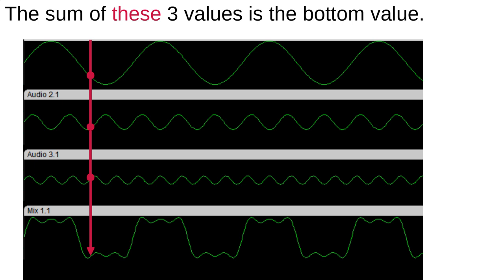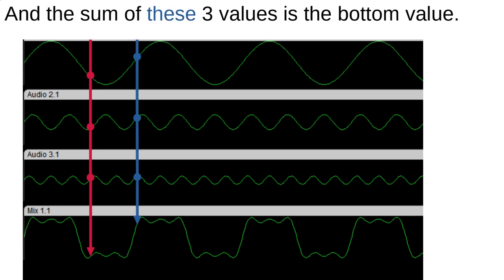The sum of these three values is the bottom value. And the sum of these three values is the bottom value. And the sum of these three values is the bottom value.